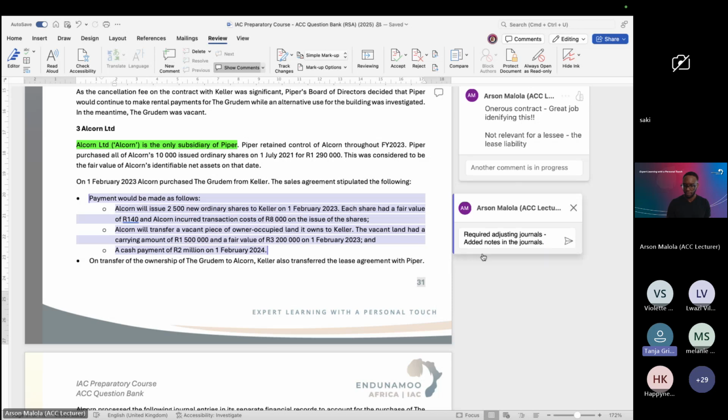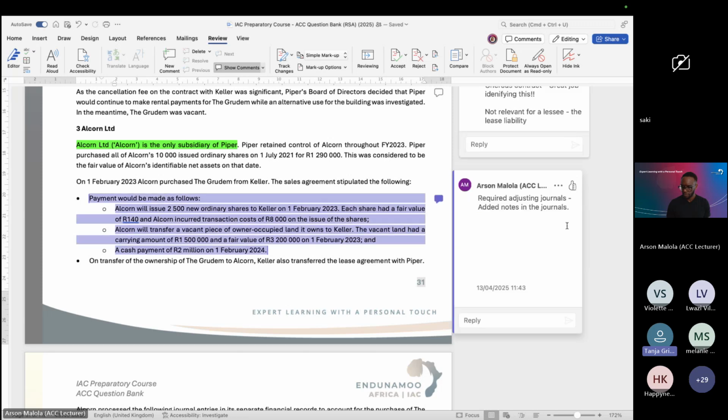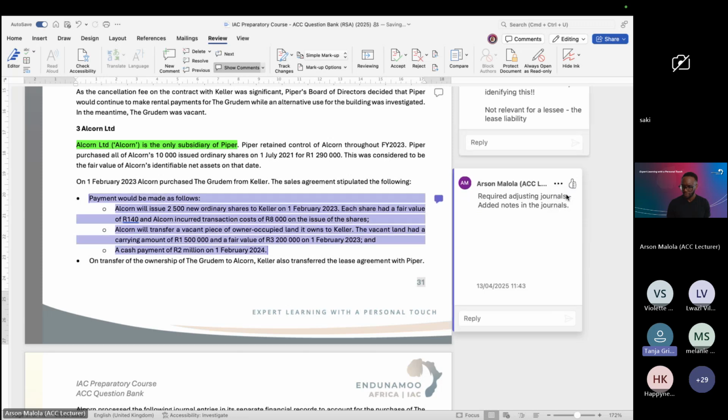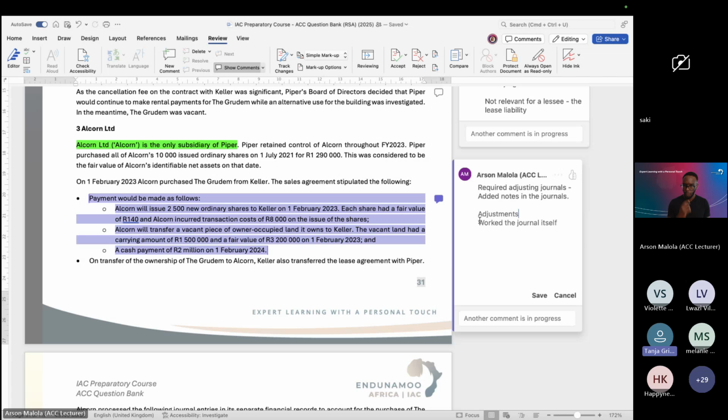The land is in PPE, but they take it to investment property, so that didn't make sense to me, and I made a comment. I worked on the journal itself to say, what do I have and what don't I have to account for? I highlighted in two colors: red is where I see an error which I need to fix, and green is where I'm comfortable with what they're saying. Cool, makes sense.